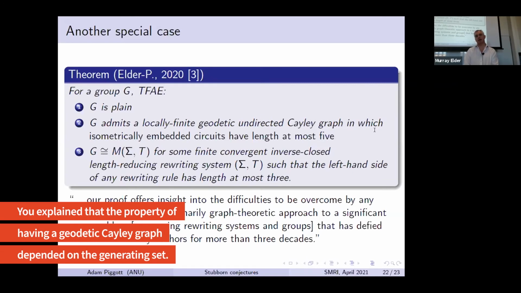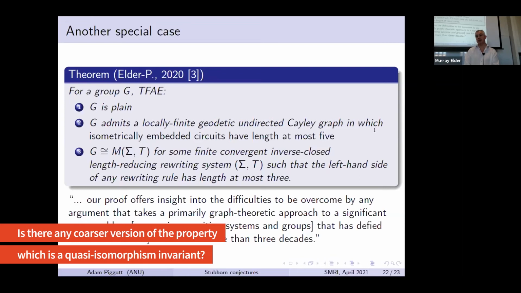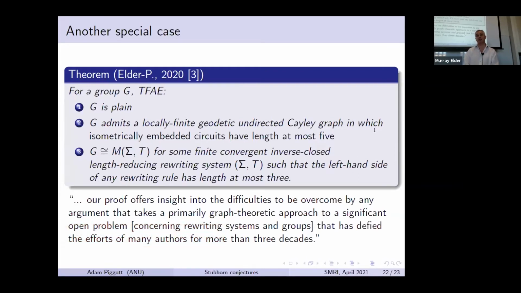Yeah, so Anthony's asking about something strange about geodetic Cayley graphs, because it depends on the generating set. And messing with the generating set really messes with the number of geodesics.